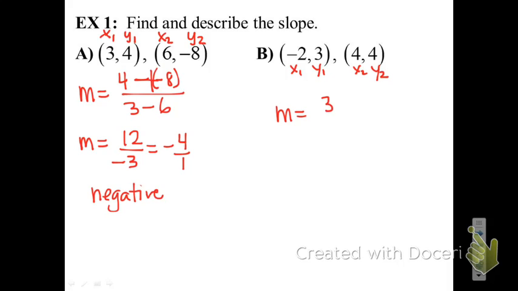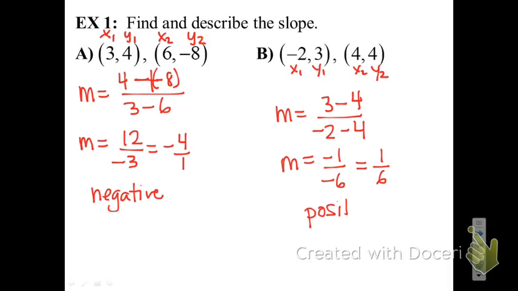Y sub 1 is 3, minus y sub 2, 4, all over x sub 1, negative 2, minus x sub 2, which is 4. 3 minus 4 is negative 1, and negative 2 minus 4 is negative 6. Since they're both negative, it becomes positive 1/6. And we would describe the slope as being positive.